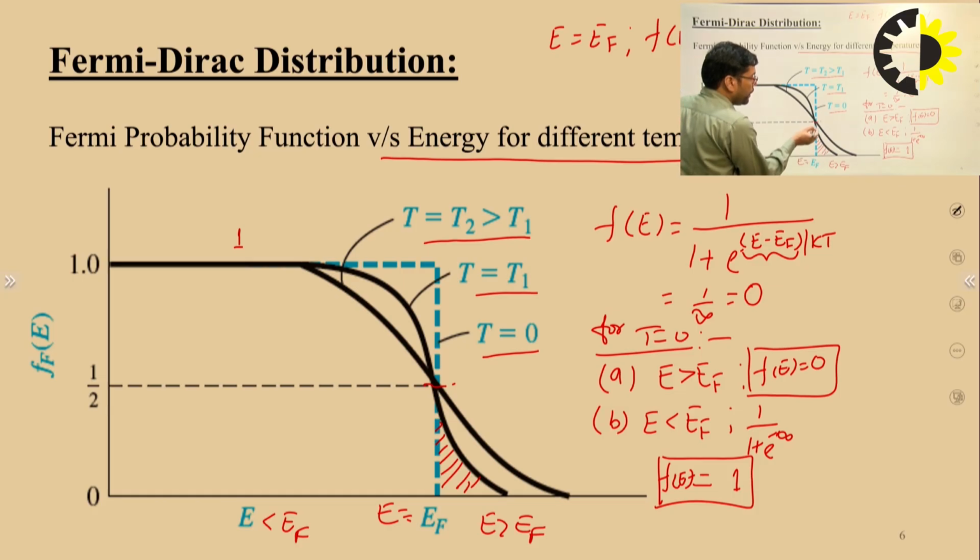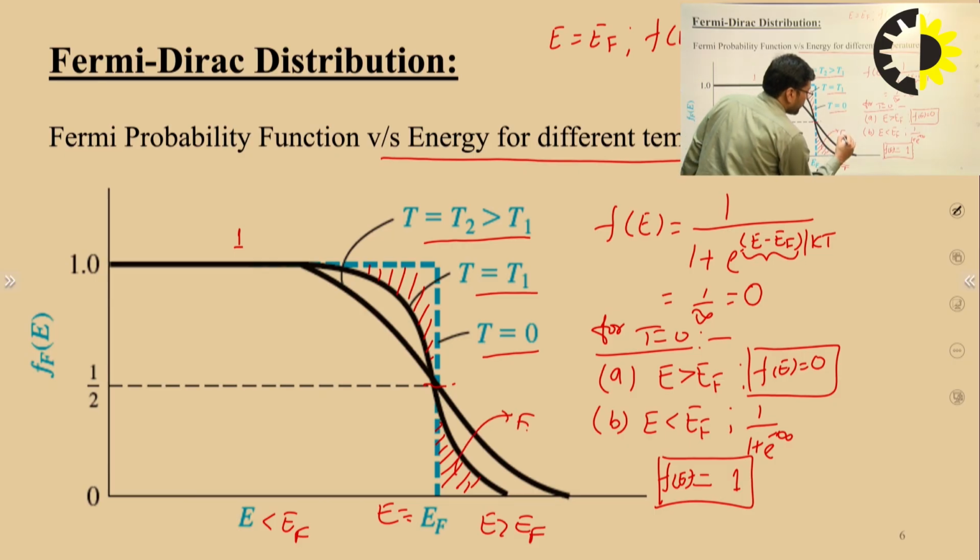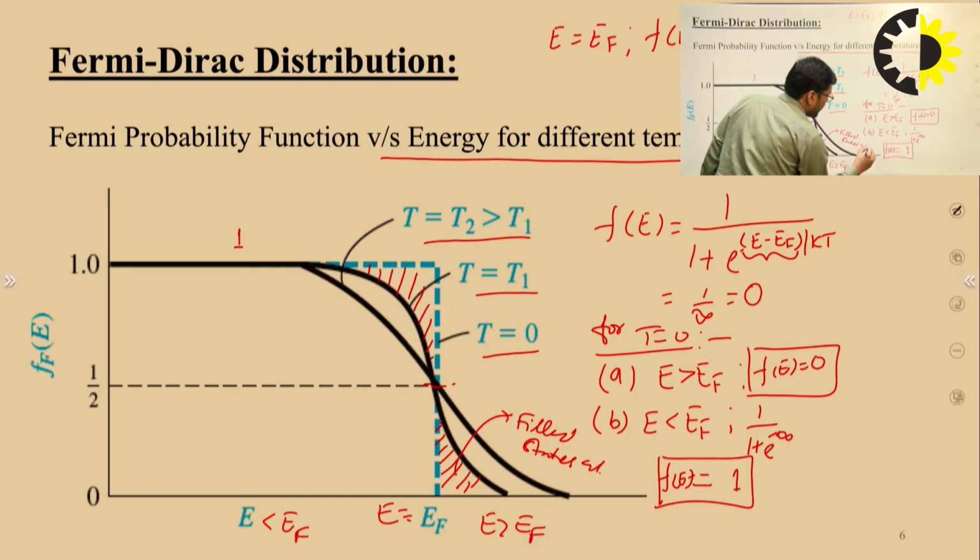and corresponding to these filled states, you will have some empty states here. So these are the filled states at T equal to T1, which is greater than 0.